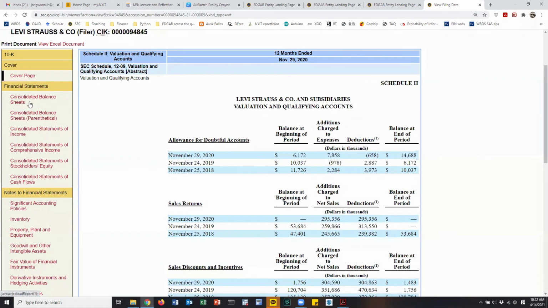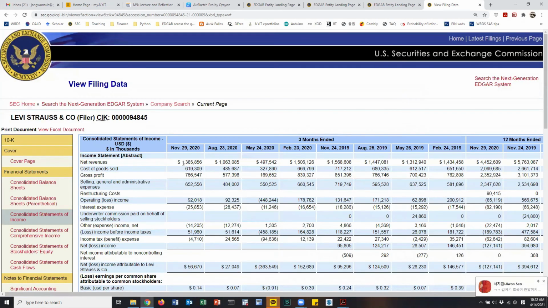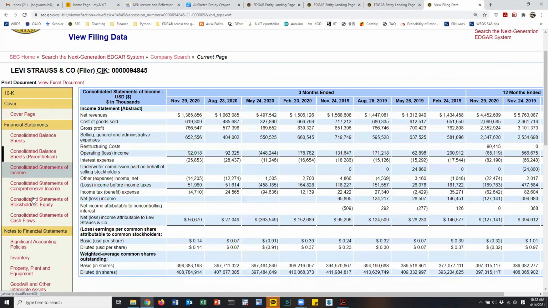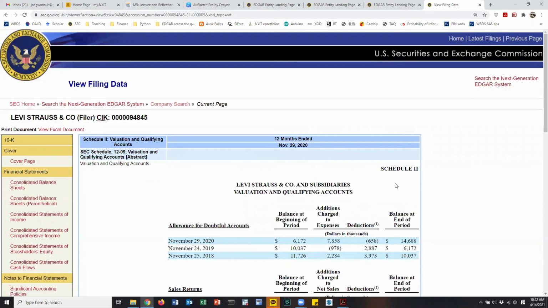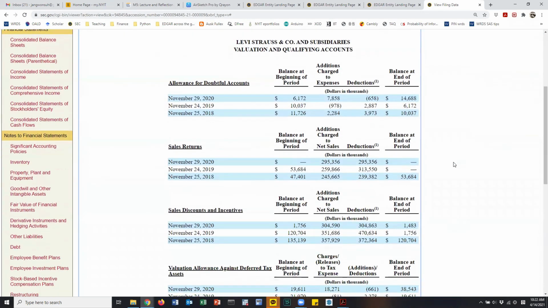For example, in the case of Levi, their latest annual revenue was in thousands, so $1.3 billion, after taking out all of the discounts and returns.